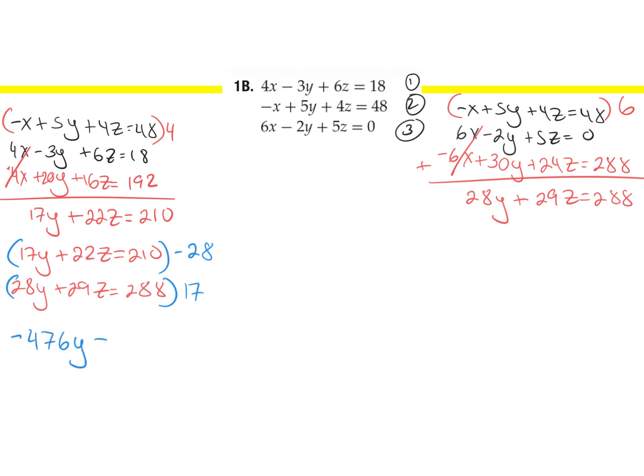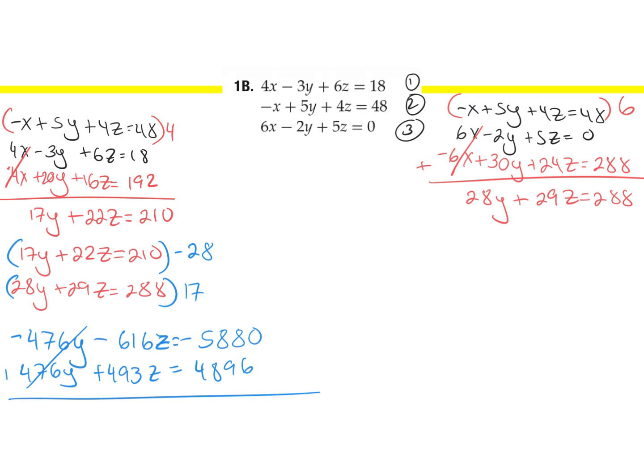Minus 22 times 28, 616z, equals 210 times negative 28, negative 5,880. And I'm going to do the same thing on the bottom. 28 times 17 is 476y. 29 times 17 is going to be plus 493z equals, and then 288 times 17 is 4,896.